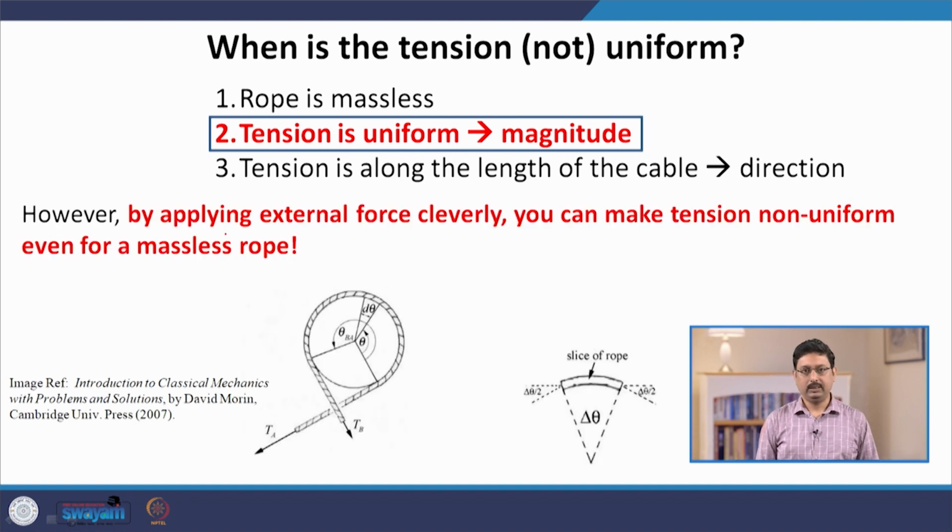However, there are situations where, if an external force is present, you can make the tension non-uniform along the rope, and this is even for a massless rope. So, this is a very common application of that fact.